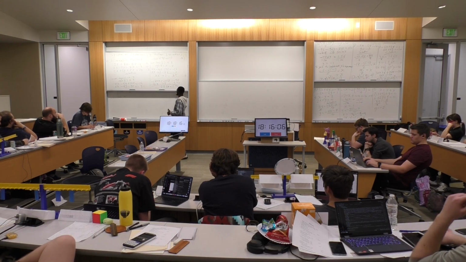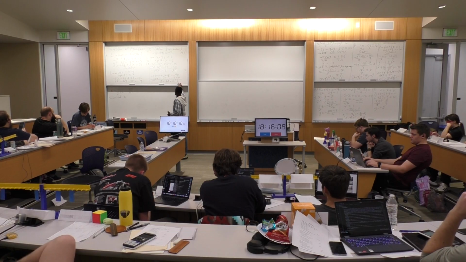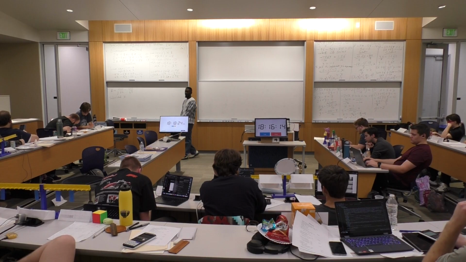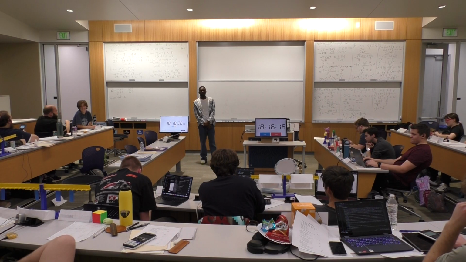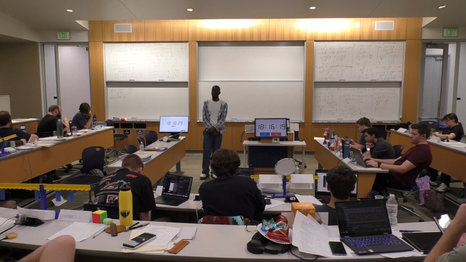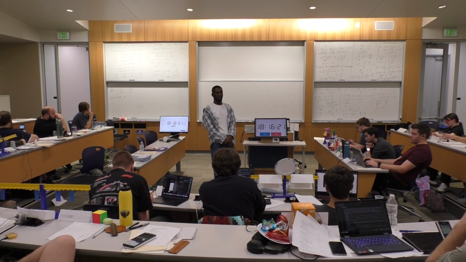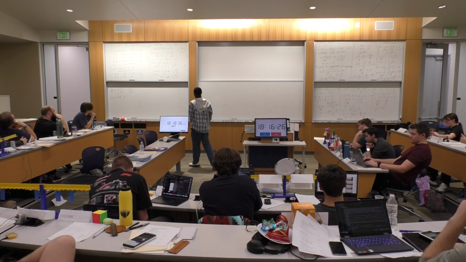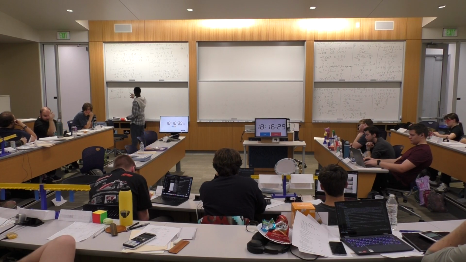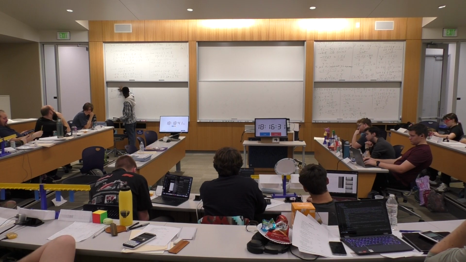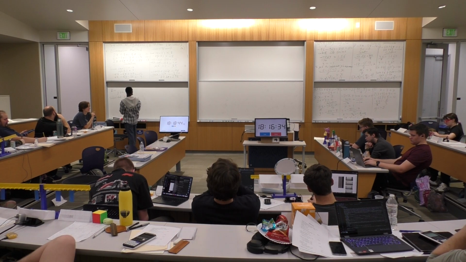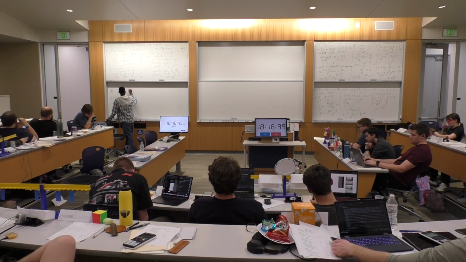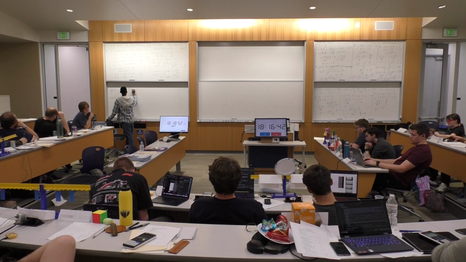So divide through: 292 divided by 276 gives 73 over 69.